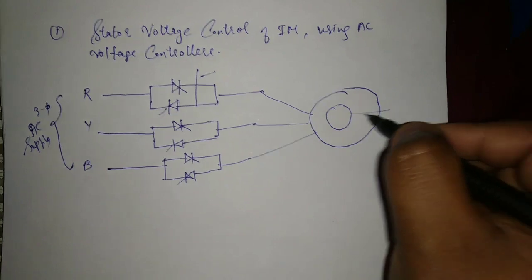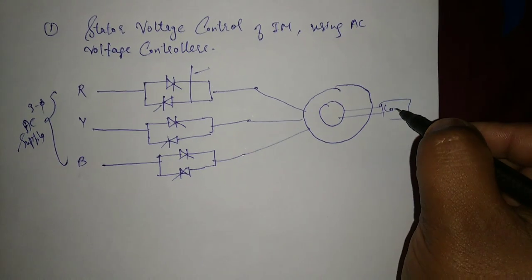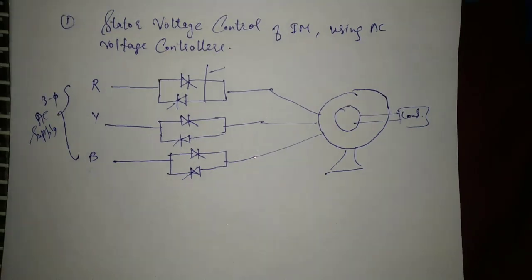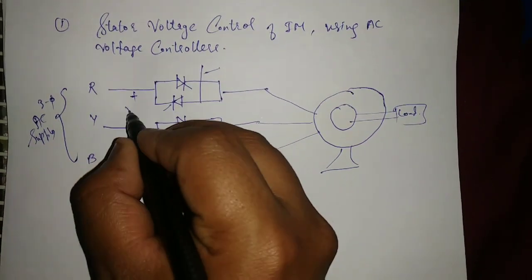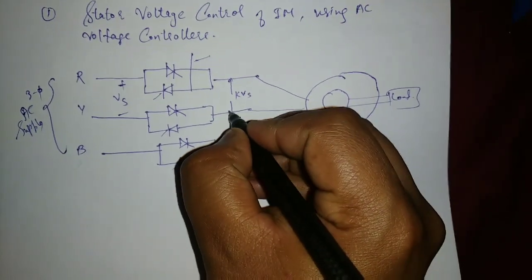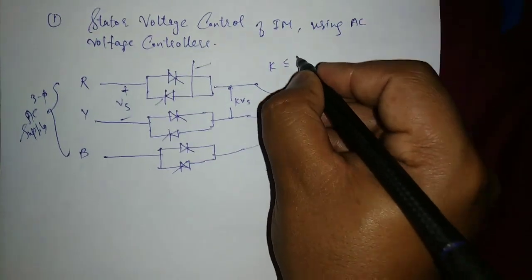This is rotor and connected load. Okay, if voltage here is Vs, voltage across this is kVs and k is less than or equal to 1.